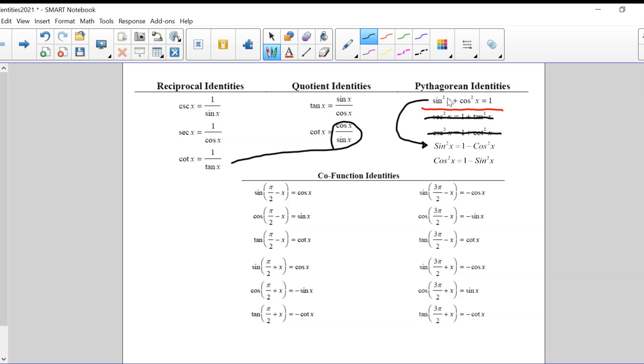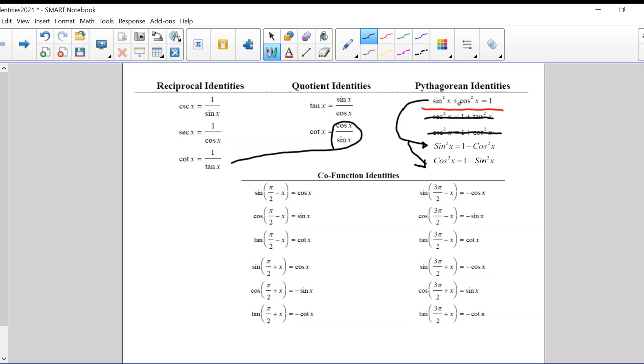And if you did the other way around by putting the cos squared x as the subject of the equation, you get 1 minus sine squared x. These come up quite a bit when we're doing our identities. So these are not new. These are just rewriting the original one in a different way. That's all this is.